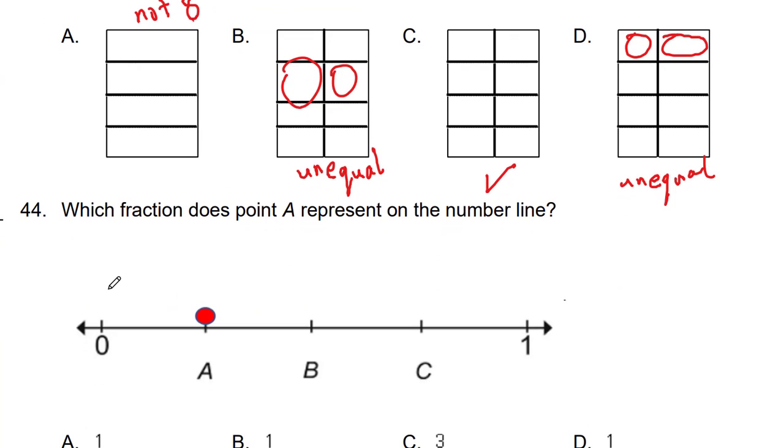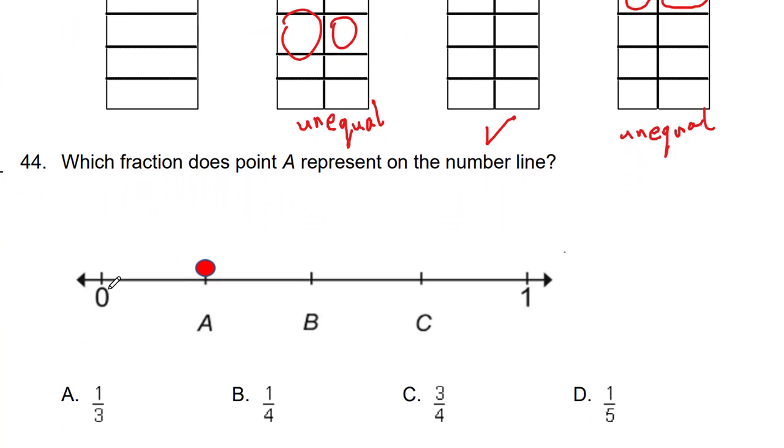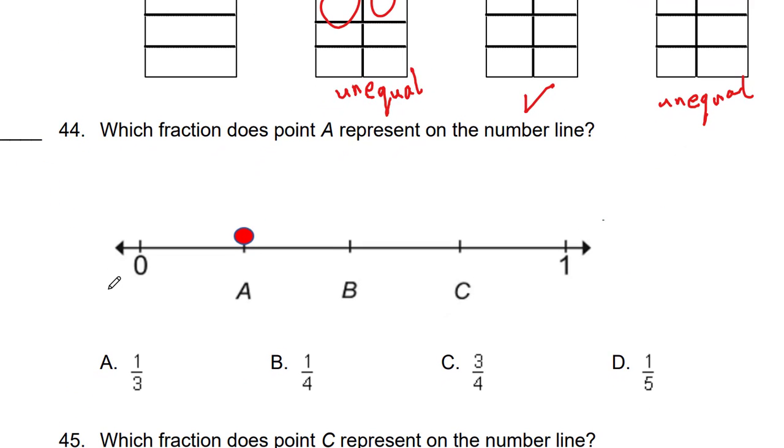Okay, the next thing, and this is the last thing that we will do, the number line. Before the number line, any questions? Okay, with any number line, my heroes, count the lengths. The length is the distance between this sign and this sign. This is 1, 2, 3, 4.